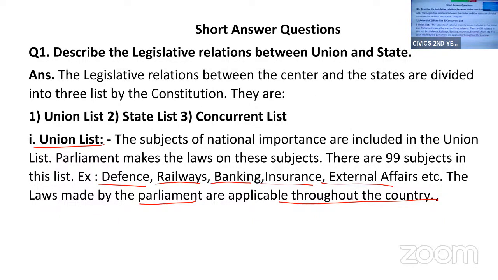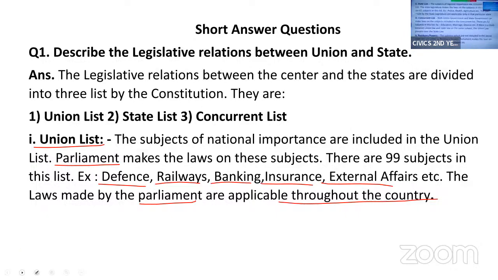Who makes the laws for the union government? The parliament. It will make the laws pertaining to defense, railways, banking. There are 99 different subjects on which parliament will make the laws, and those laws are applicable throughout the country.